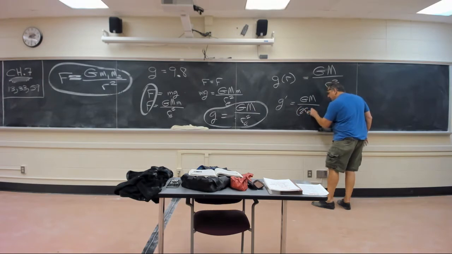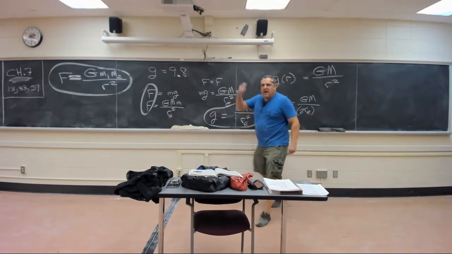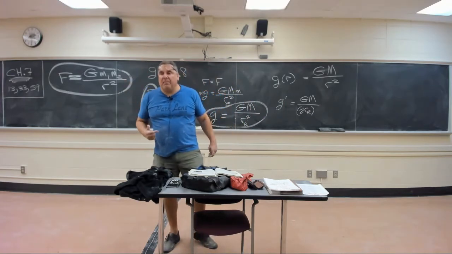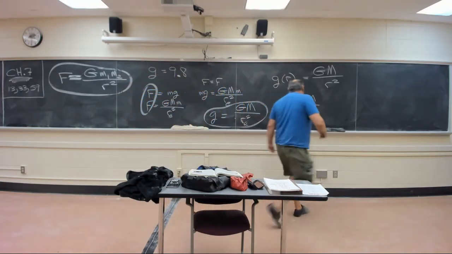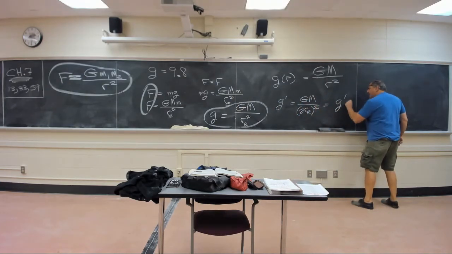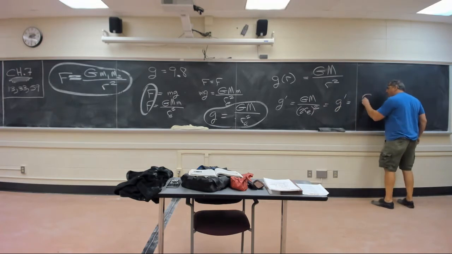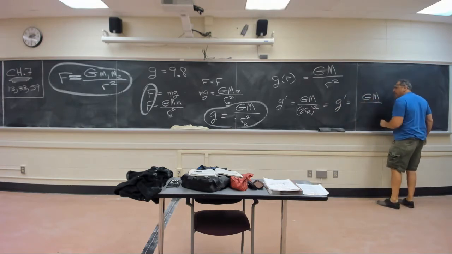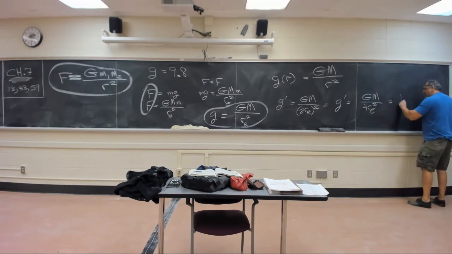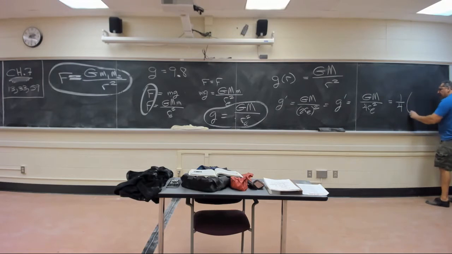Right now, I'm only 1 Earth radius away from the center of the Earth. What if I go another Earth radius further away than what I am? That's 2 Earth radii away from the center of the Earth. Well, you get the new g for that location, GM over 4 RE squared. That's 1/4 of GM over RE squared. Wait a minute, GM over RE squared is the original g.